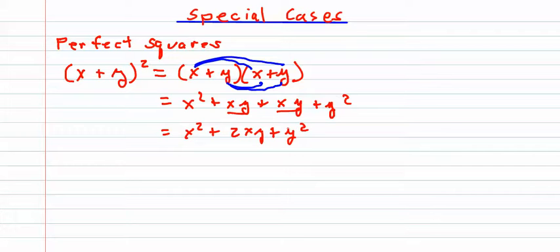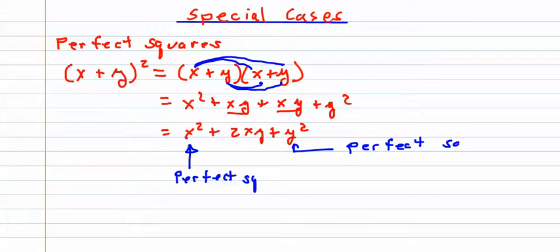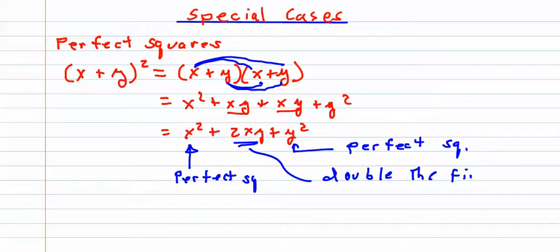Notice here that this is a perfect square. This is a perfect square. And this middle term is double the first and last number.